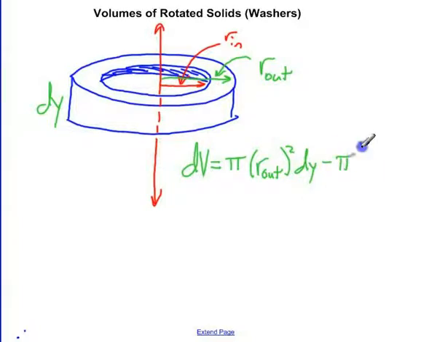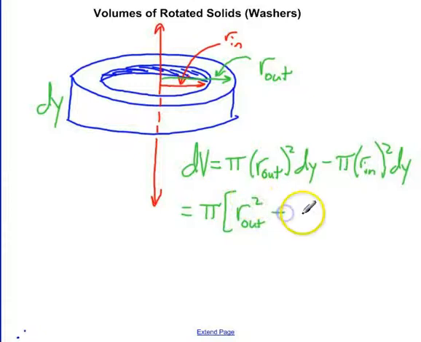That's pi r in squared dy. So I can factor out a pi, and that gives me r out squared minus r in squared dy.